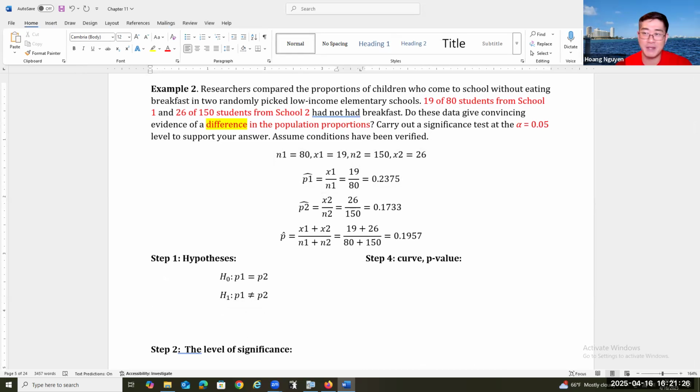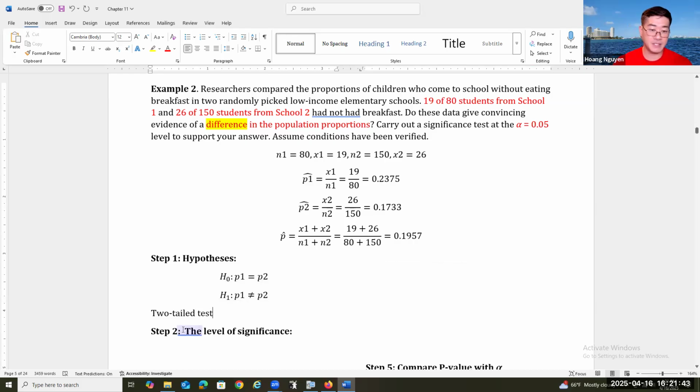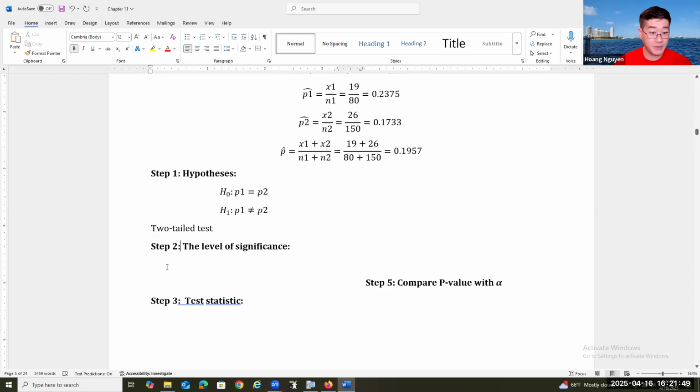Can you determine the number of tails for the test? Two tails, left tail, or right tail? Because this is equal versus not equal, this is gonna be a two-tail test. So that's step number 1, we just determined the null and the alternative hypothesis.